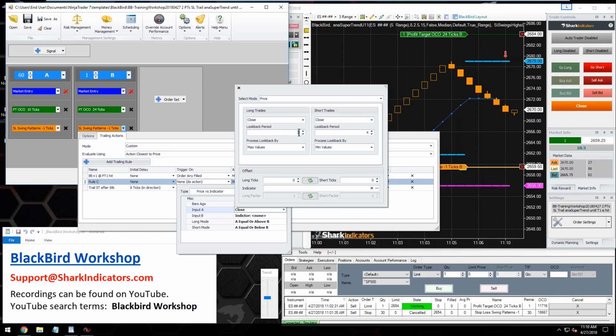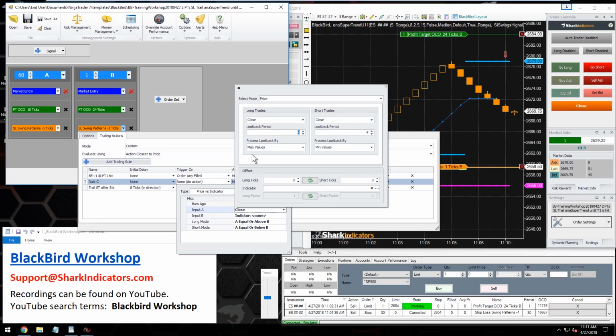So what this is doing is it's looking back on the last 4 bars, and it's looking at the closing price of the bar. And then we're taking the maximum value, or basically the highest value of all those closing prices. So we're looking back at the closing price for 4 bars, and we're taking the highest closing price.